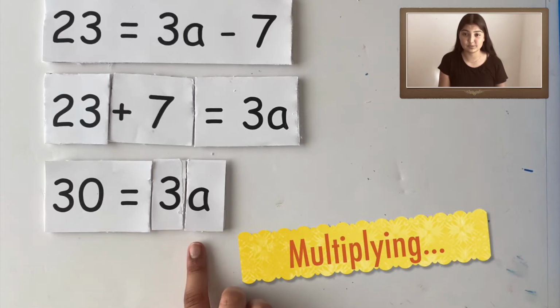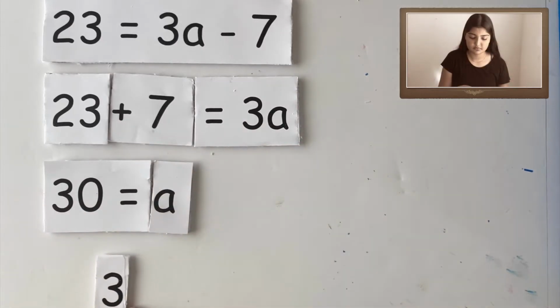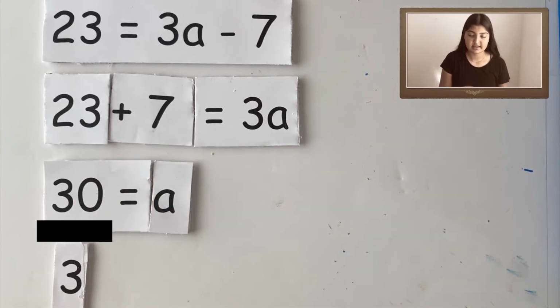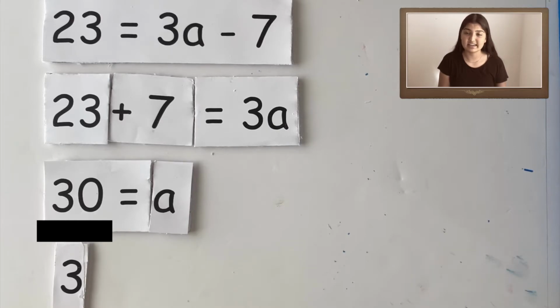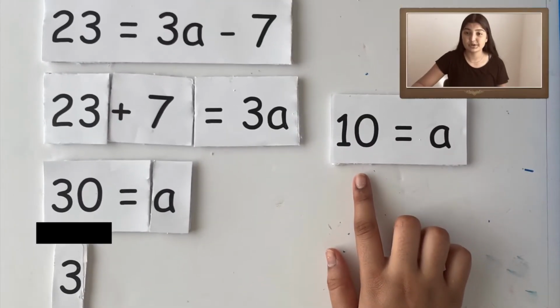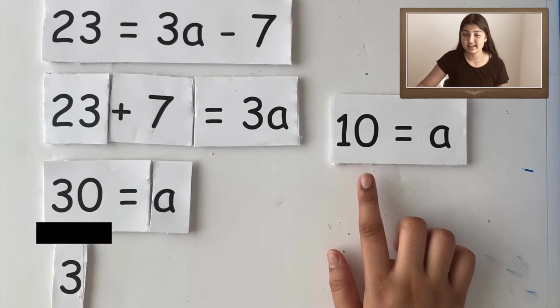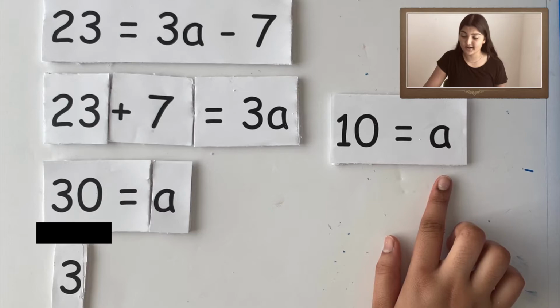Here, 3 is multiplying. And so, it will divide when we take it to the other side of the equation. 30 over 3 is equal to a, which gives us a solution of 10 is equal to a, or the value of a is 10.